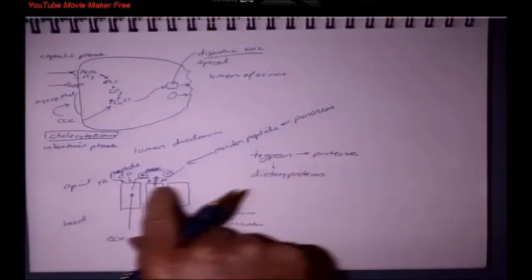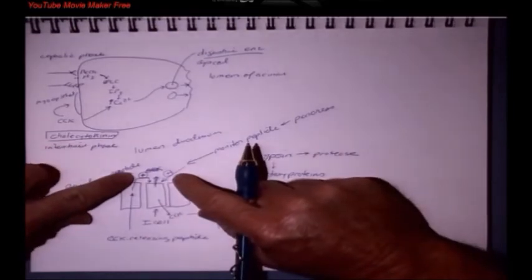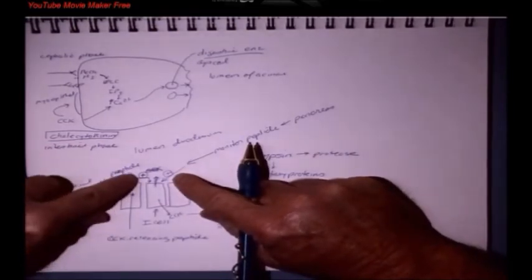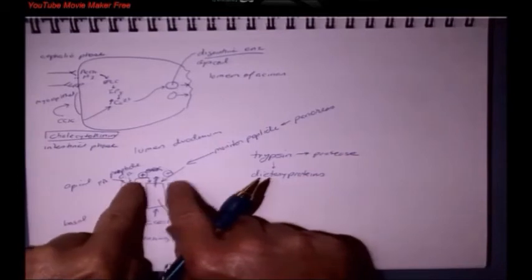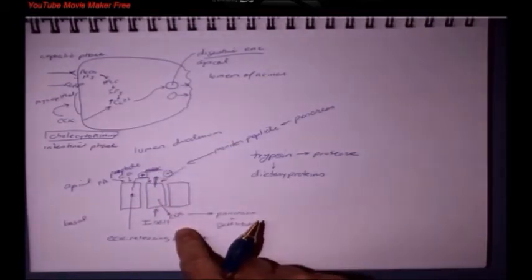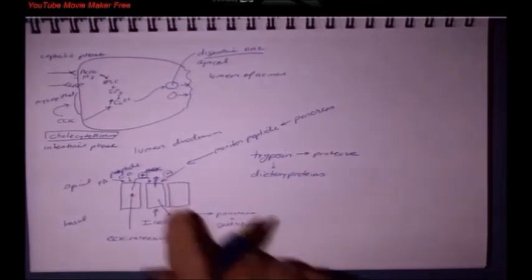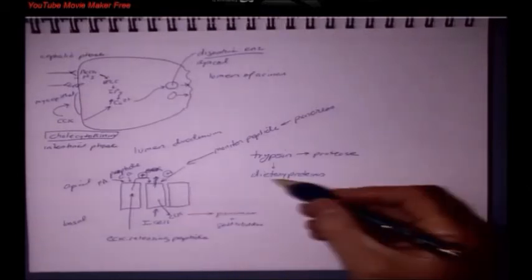That means that trypsin has a very difficult time getting to monitor peptide and CCK releasing peptide to digest those and hydrolyze and get rid of those. Which means that the monitor peptide and releasing peptides are present for quite a while, which means that they can continually stimulate CCK secretion.